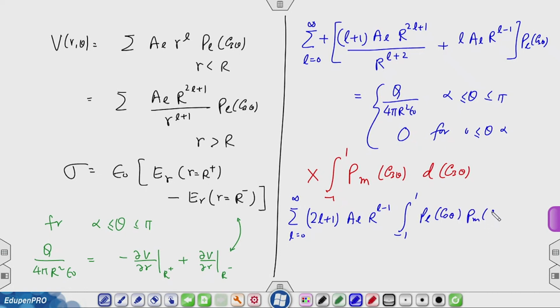P_m cosine of theta, d cosine of theta is equal to, on the right hand side, I am going to get from theta equals alpha to theta equals pi, q over 4 pi r square epsilon 0 P_m cosine of theta d cosine of theta. Left hand side is quite clear.